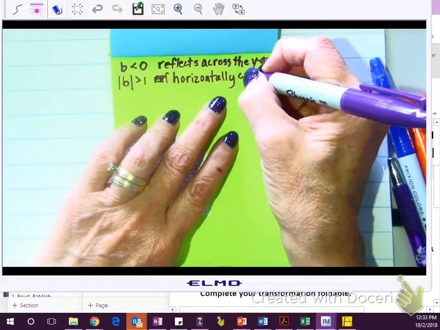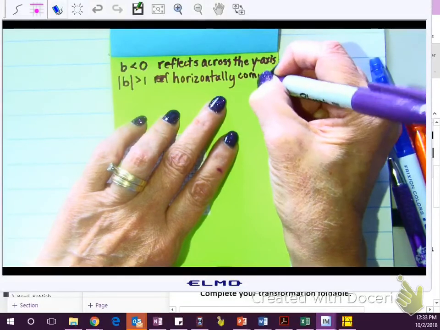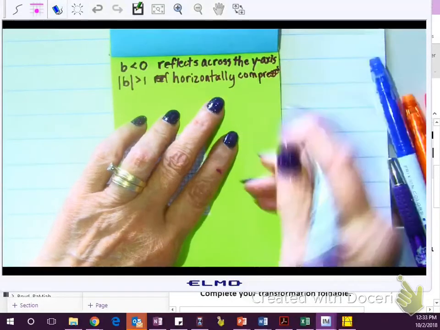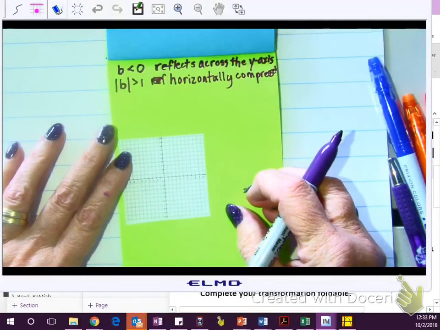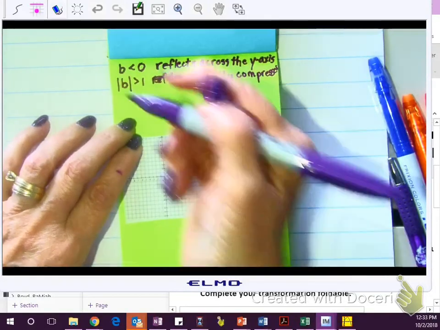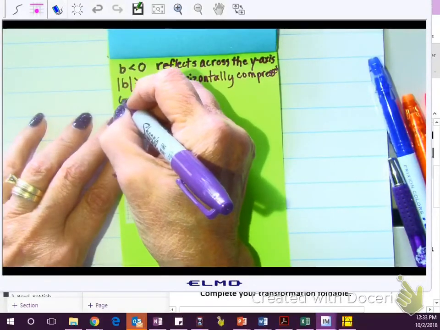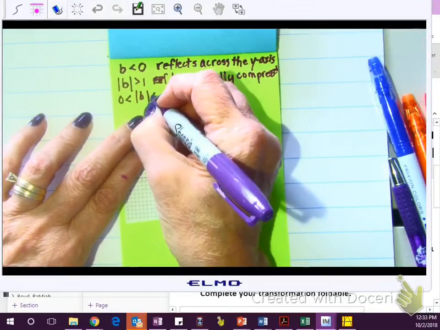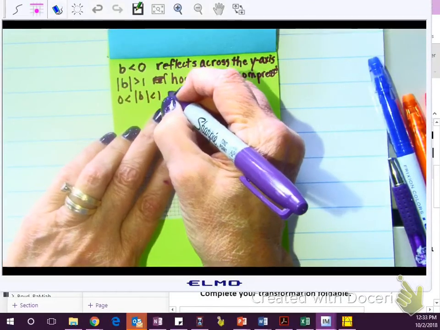It horizontally compresses. When the value of B is between 0 and 1, it horizontally stretches.